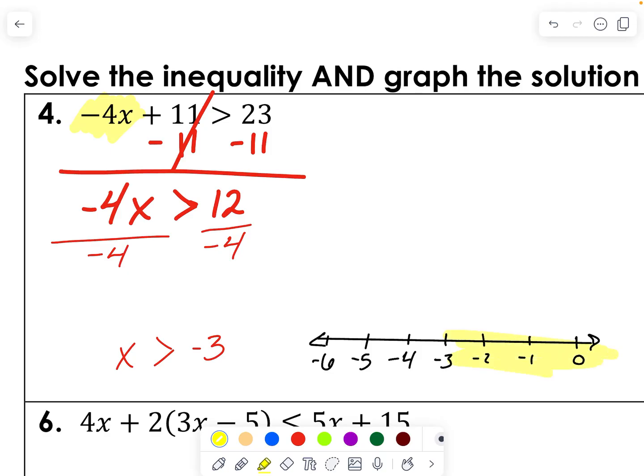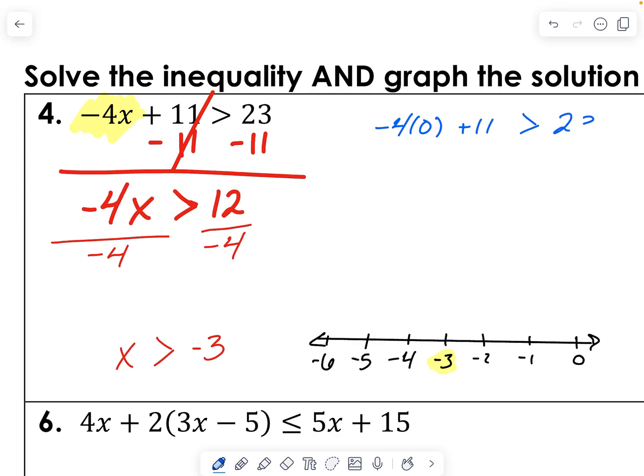So let's use an easy number like 0. If I substitute in 0 for x, negative 4 times 0 plus 11 is greater than 23. That would be 11 is greater than 23. But I know that's not true.